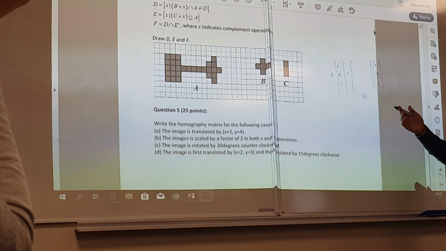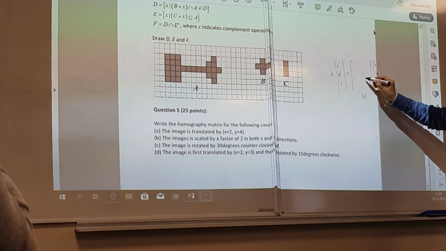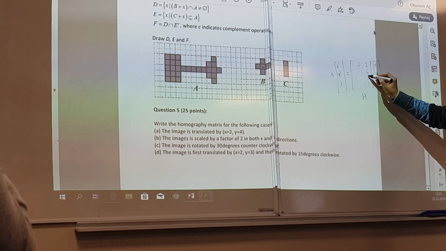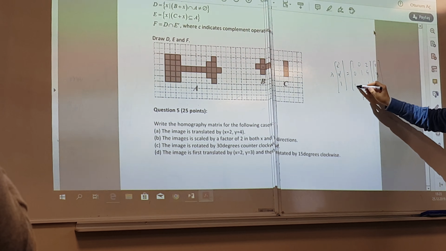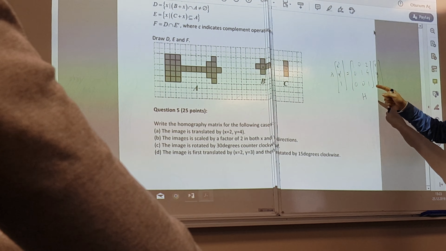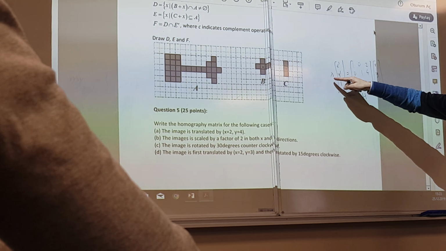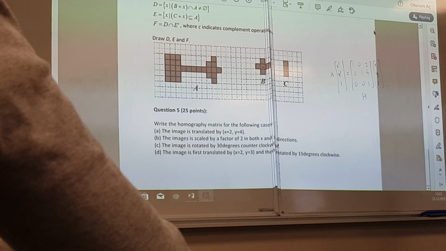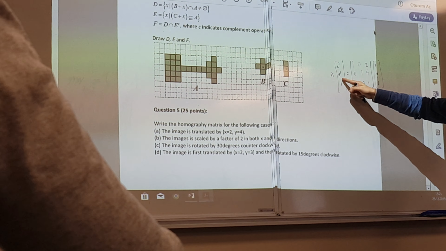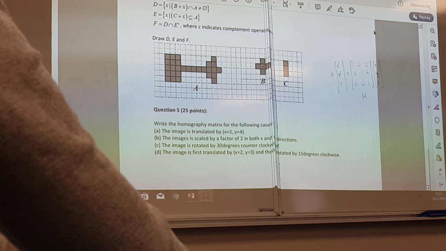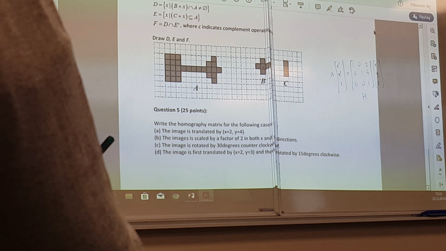So from this, 1, 1, 1, 0, 2, 4, 0, 0, 0. What will this do? From the last row, lambda is equal to 1. First row, once lambda is equal to 1, x prime is equal to x plus 2. y prime is equal to y plus 4. So that will do a translation by 2 in x and 4 in y direction.